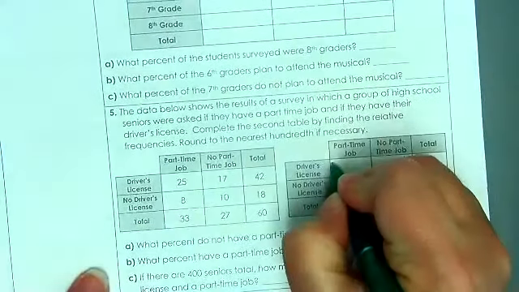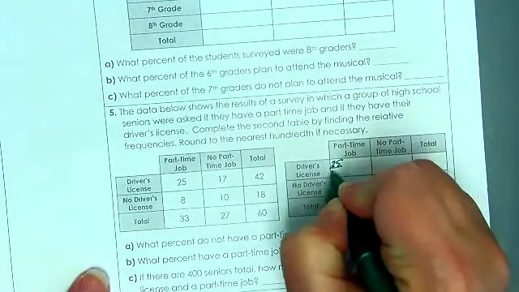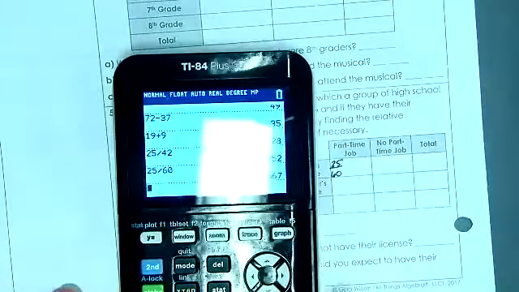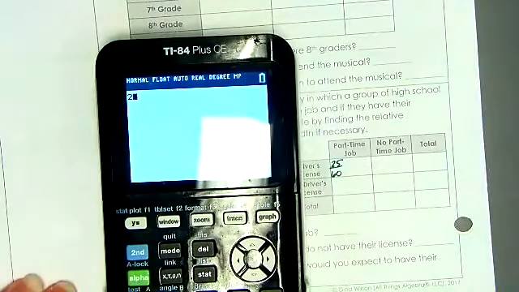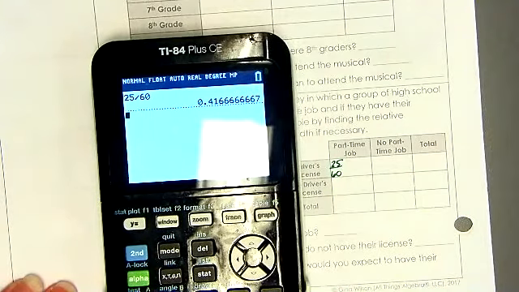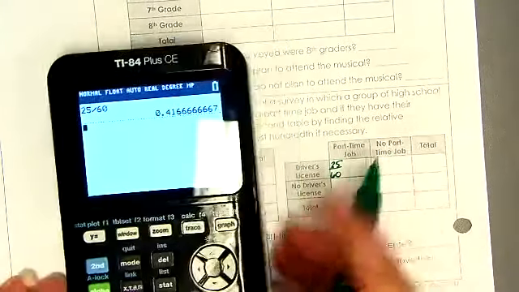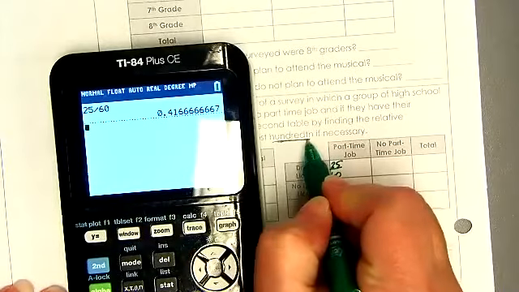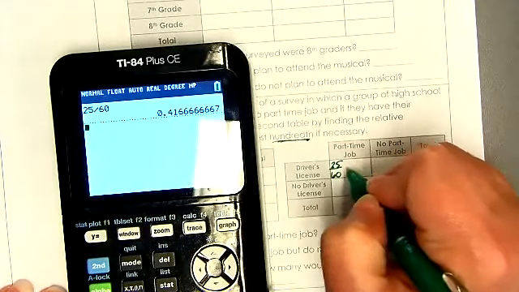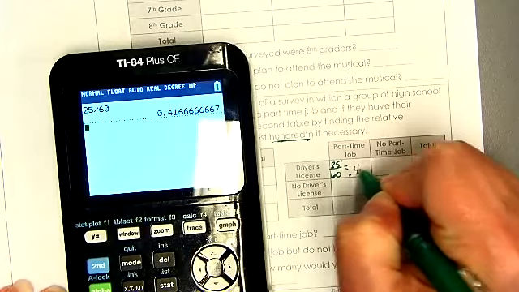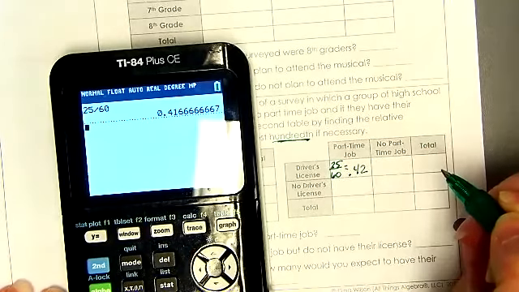So here we're going to do 25 divided by 60. And when I punch that into the calculator, okay, I do 25 divided by 60. Yes, you get to use a calculator. Notice it's a 0.41 with the 6 repeating. And notice right here, it says to round to the nearest hundredth. So my answer here is going to be 0.42.